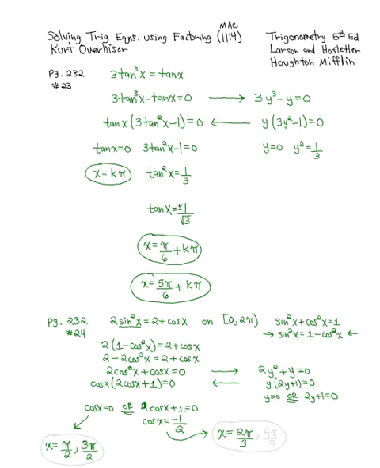And the cosine's negative in quadrant 2, so that would be 2 pi over 3. And then cosine is also negative in quadrant 3, and that would give you 4 pi over 3.